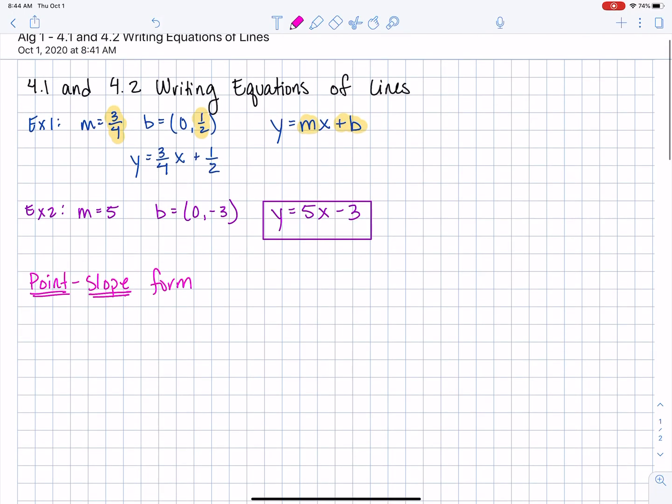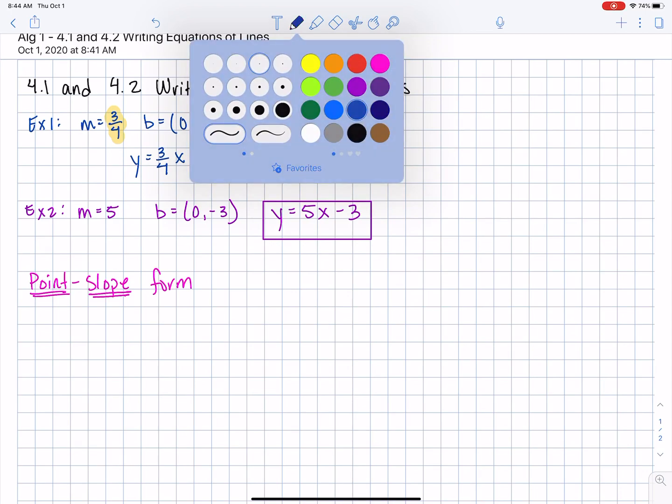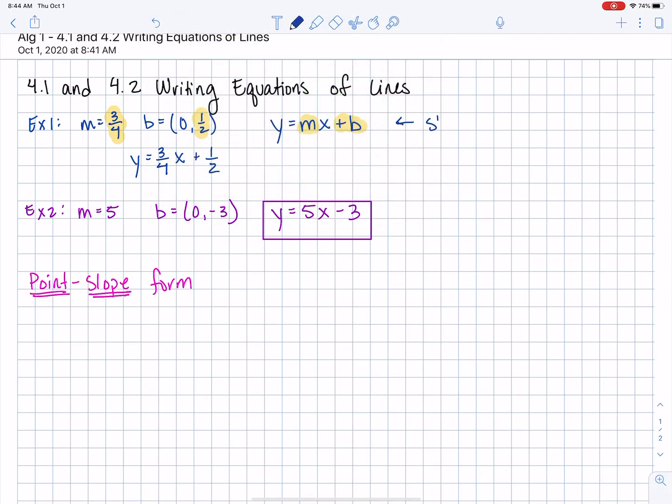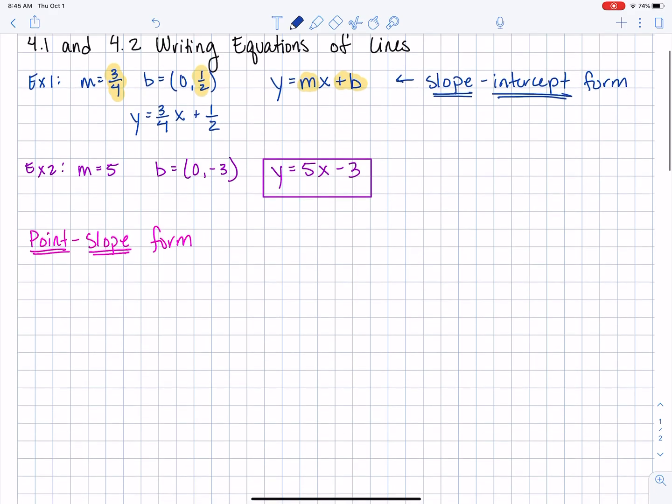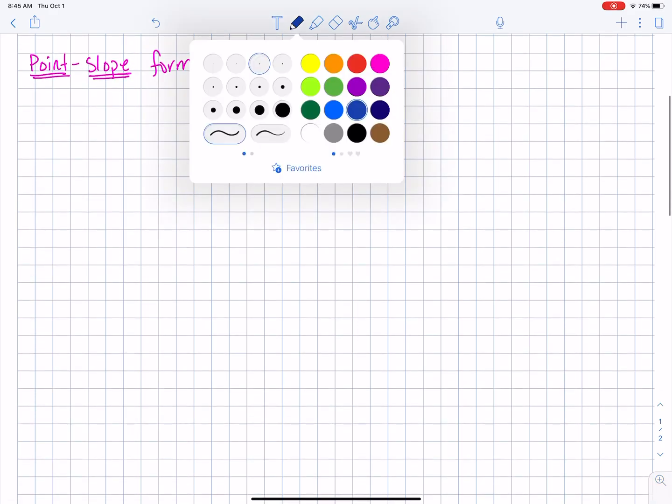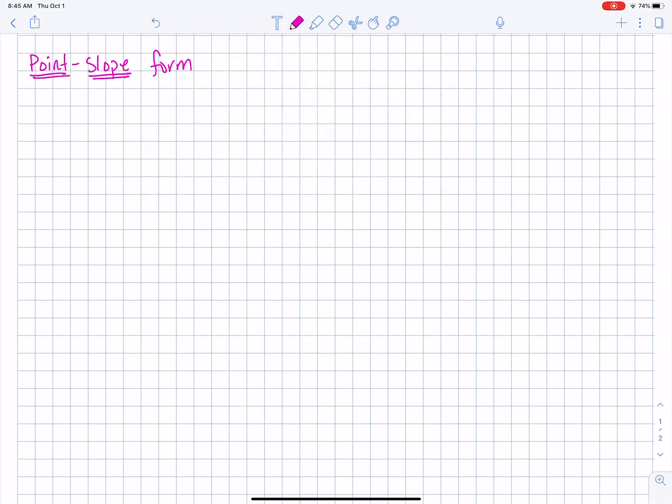Up here, this guy was our slope-intercept form, and it's what we used when we have a slope and an intercept. Now we have point-slope form, and it is one of Ms. Lawrence's favorite things to use when writing equations of lines.